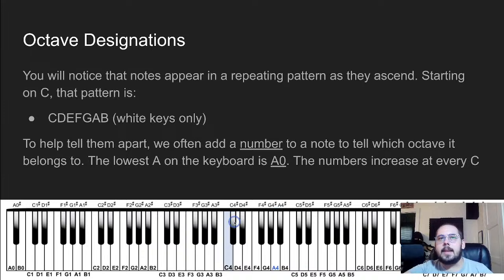One little side note, you'll notice E and F and B and C don't have a black key in between them. That's just so we get this asymmetrical pattern, so that way you can tell where in that pattern you are on the keyboard, what's higher, what's lower. Because otherwise, if it was just a single, repeating pattern that was symmetrical, you would have no idea what you were playing.